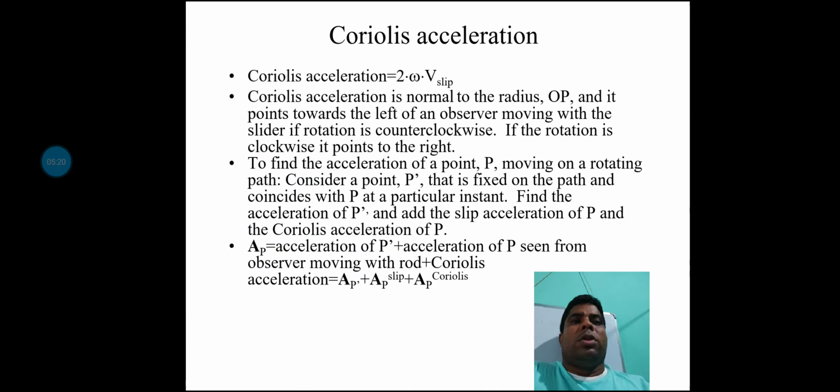The Coriolis acceleration is equal to 2 omega V slip, where V slip is the velocity with slip.